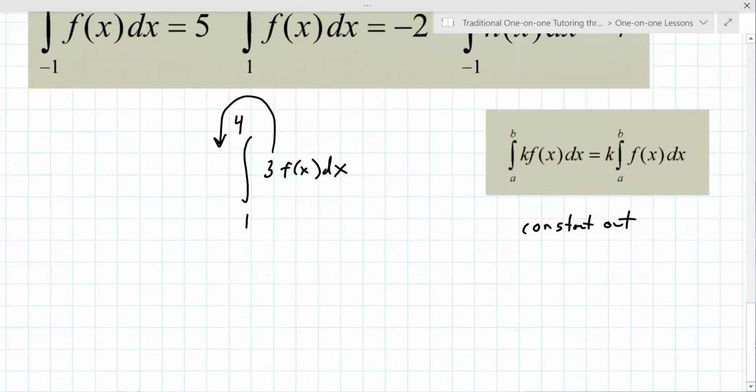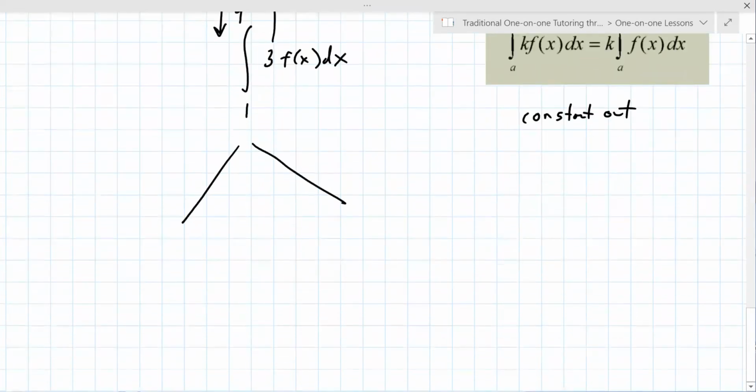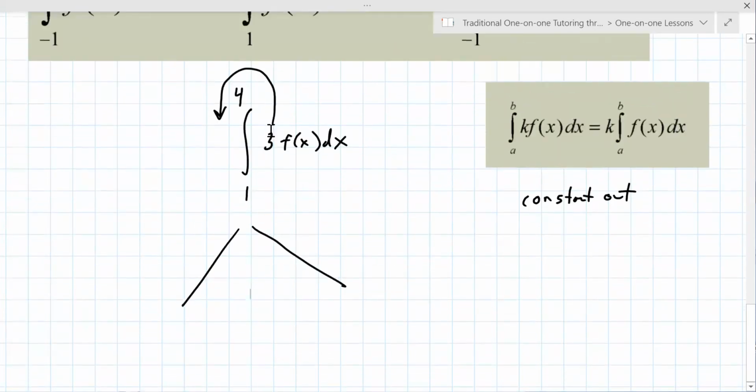Okay. There's a couple of ways I like doing this. So let me show you the first way. The first way is you literally move that 3 outside. So it's 3 integral 1 to 4 f of x dx. That's way number 1.